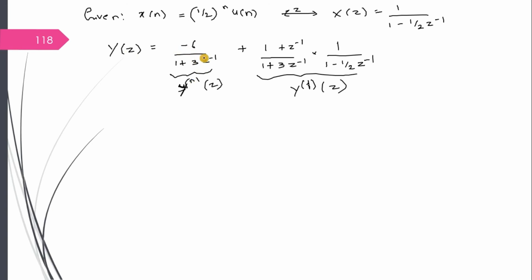If I take its inverse Z transform, I can easily write the expression. So let me write it. Y n of z, if I take its inverse Z transform, I get y n of n as minus 6 taken out. So plus is there, hence minus 3 raised to n u of n. This is the natural response.